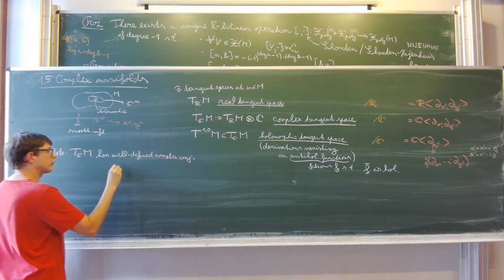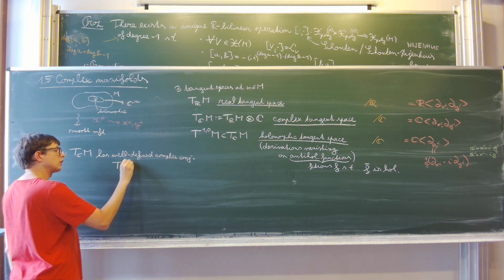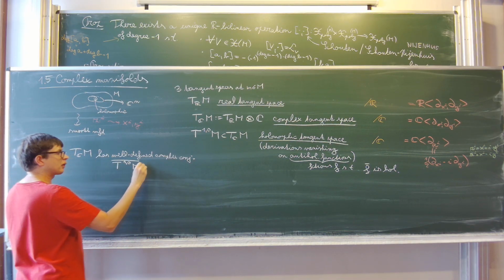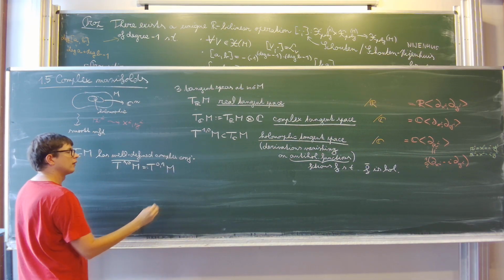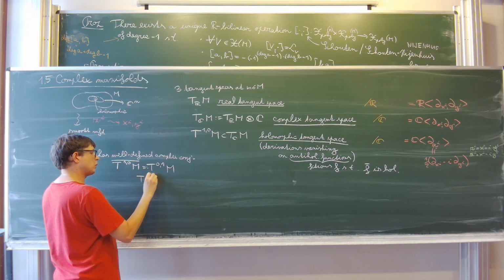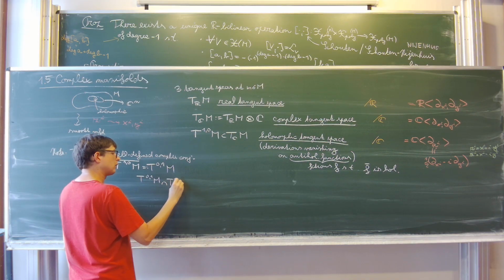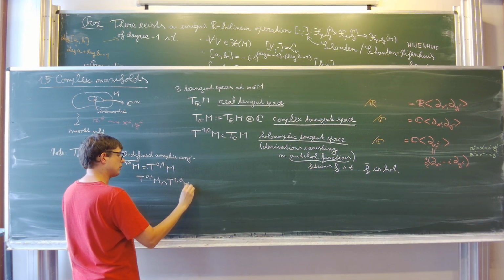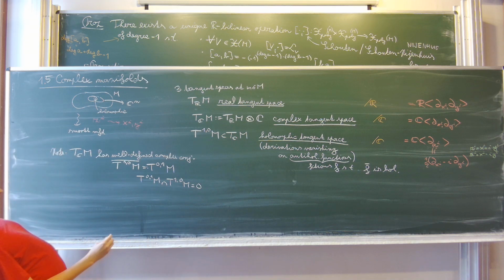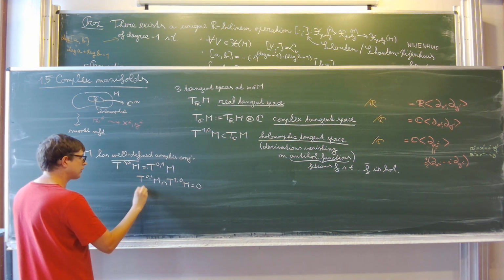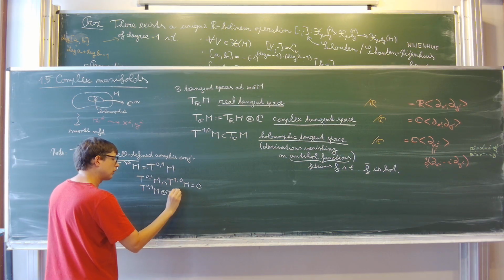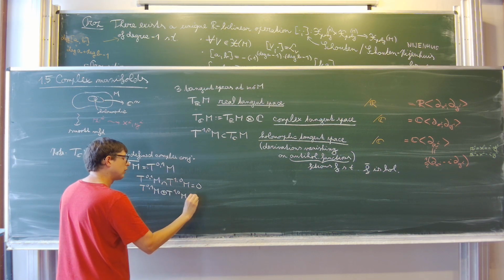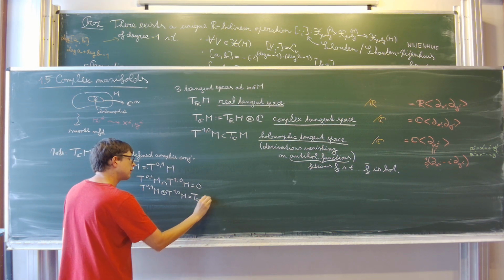Indeed, if you calculate the conjugate of this guy, you will get another bit, which I will define to be T^{0,1} of M. This T^{0,1} of M is in fact transverse, and together they span the whole complex thing.